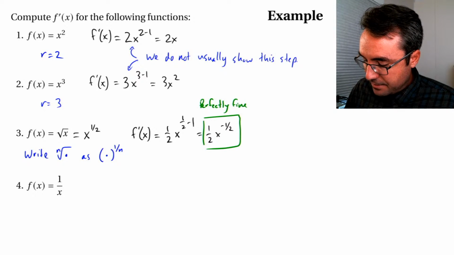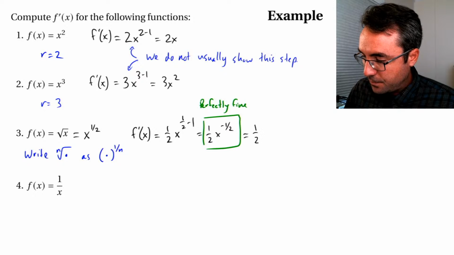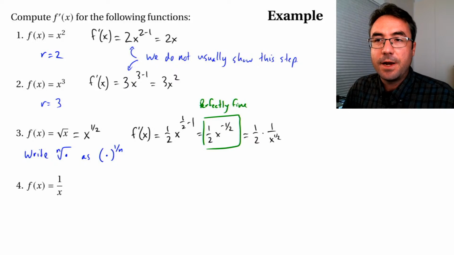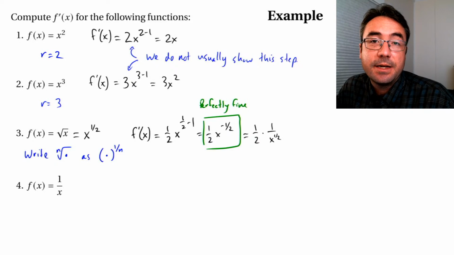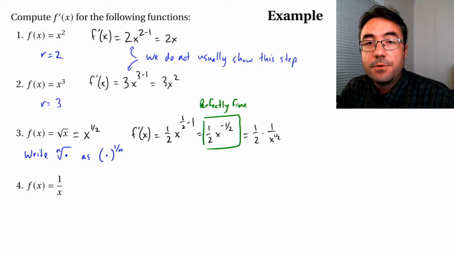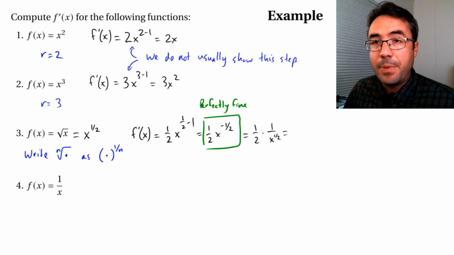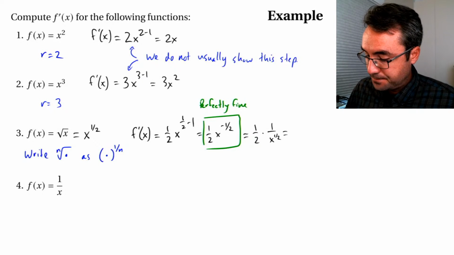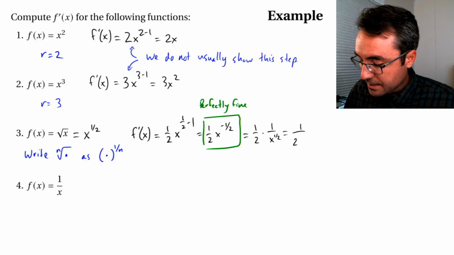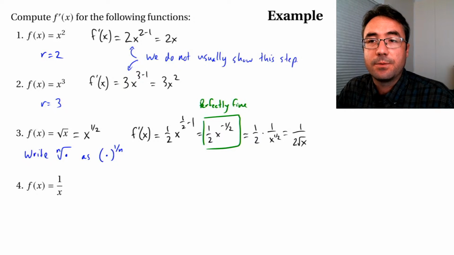So instead of a negative exponent, write it as a fraction: 1/2 times 1 over x to the 1/2. Or if we want to go even a little bit further, rewrite that x to the 1/2 back as a square root. So we could even write this as 1 over 2 times square root x.